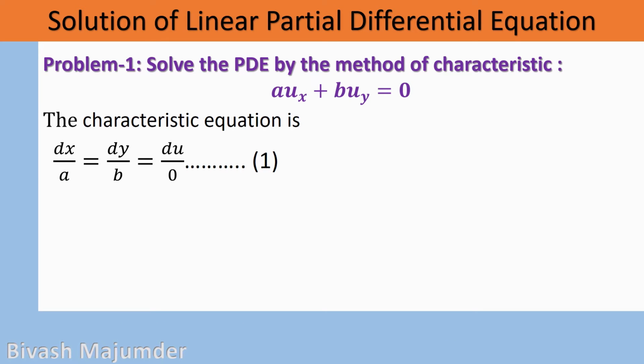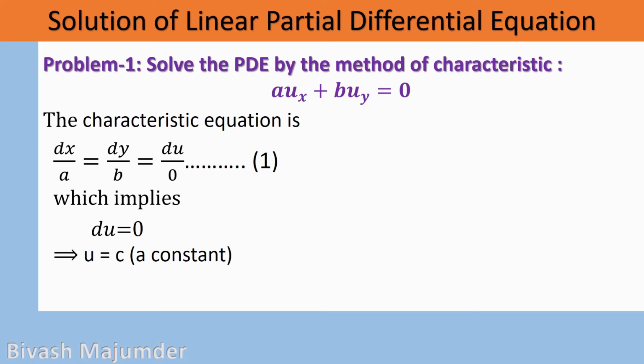Now the characteristic equation is dx by a equals dy by b equals du by 0, which implies du equals 0. And it follows that u equals constant c. Again from equation 1, we have dx by a equals dy by b.